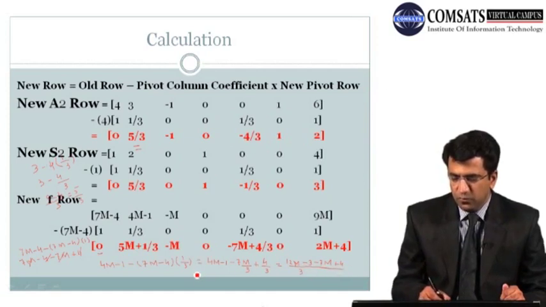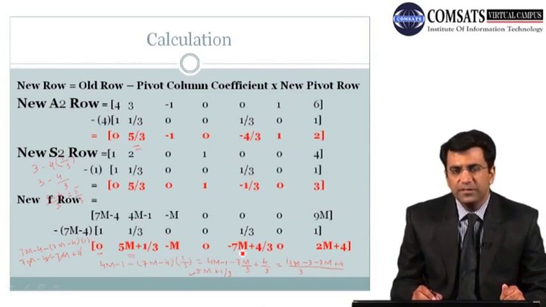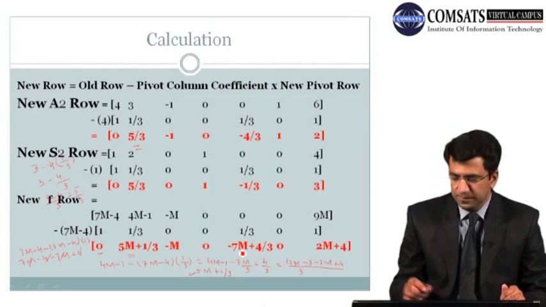So this particular value will become 12m minus 7m, that is 5m, and minus 3 plus 4, that will become plus 1, divided by 3. So this is our value which will be put at this particular position here, that is 5m plus 1 by 3. So class, you'll have to compute in the same way all of the values in order to avoid any sort of miscalculation.